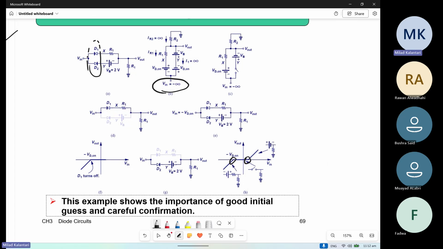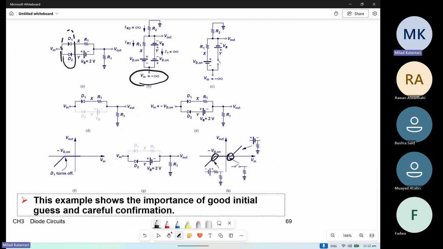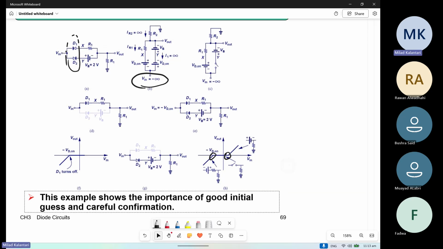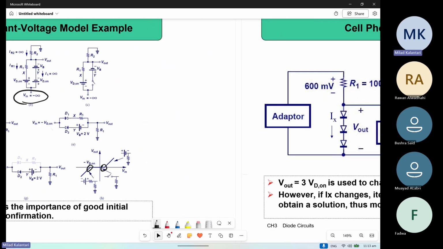Find the status of each diode, and then try to find which diode changes status first. Finding that breaking point, and then again, you go to the other extreme, a very positive input. This is nothing that special.